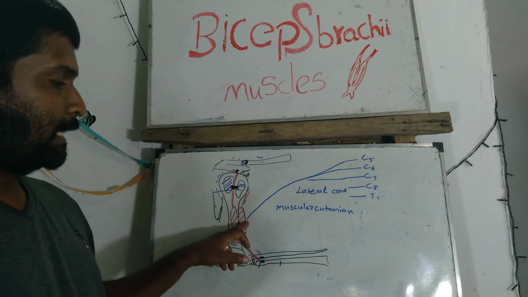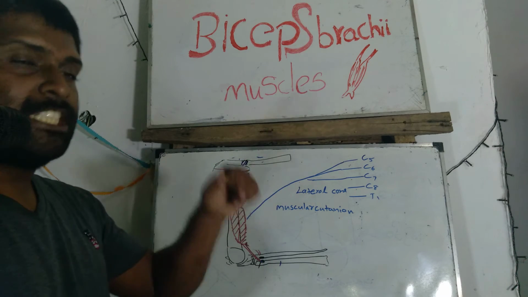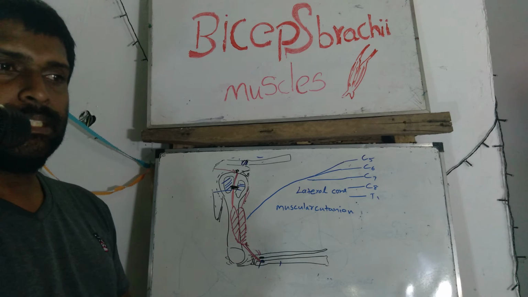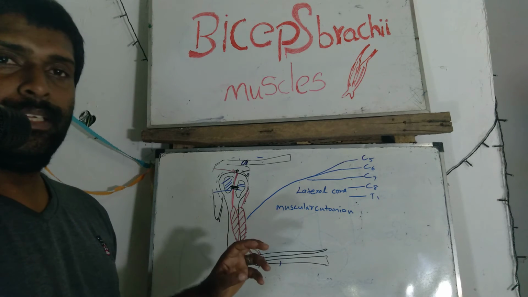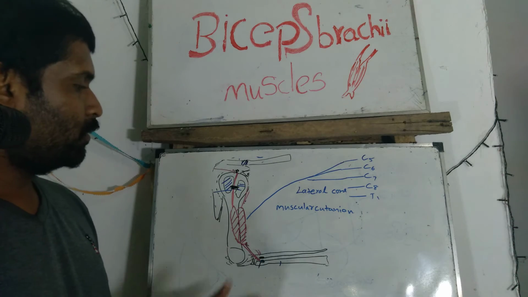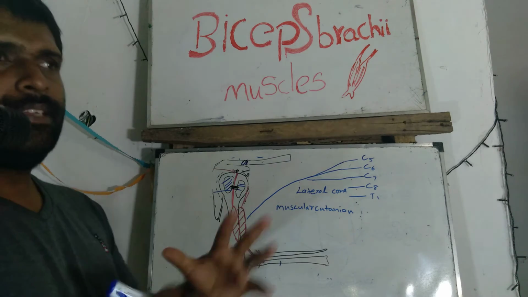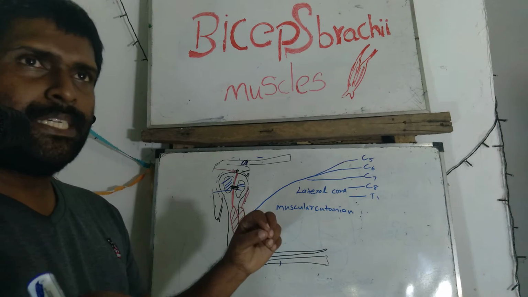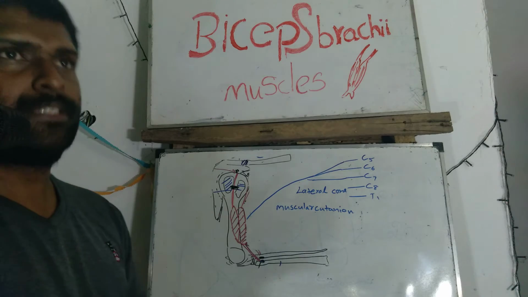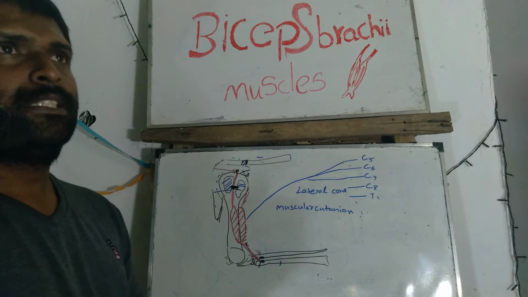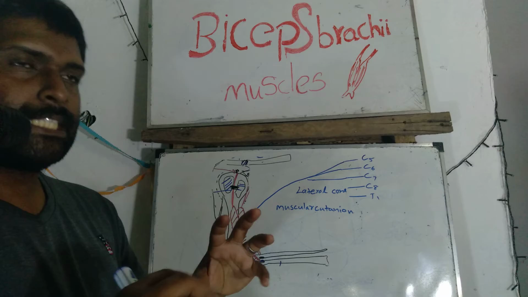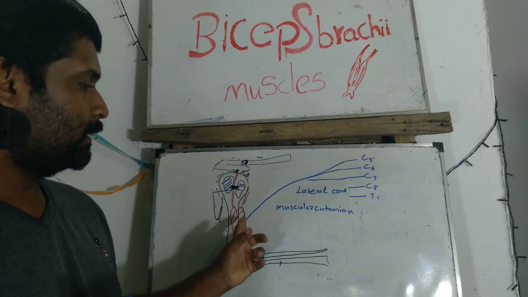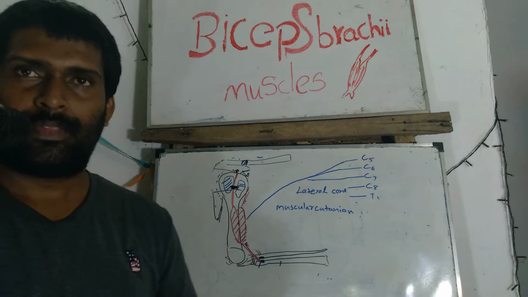Acetylcholine gives the activation of this muscle. Inside this muscle are a lot of fibers and filaments, a lot of sarcolemma connections, inside this muscle.